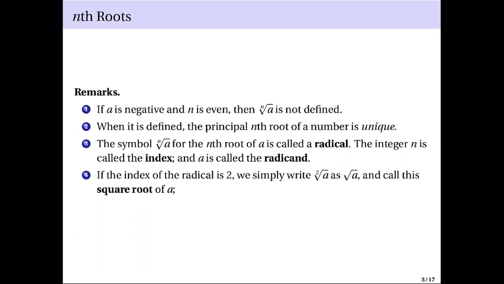And then when n equals 3, when the index is 3, we call this symbol the cube root of a. Others may call it third root of a, but normally we call it the cube root of a.